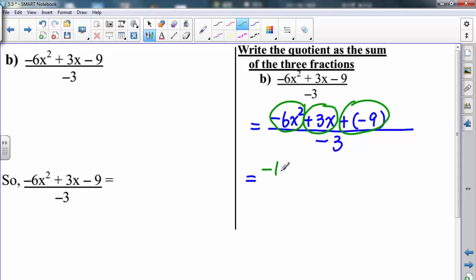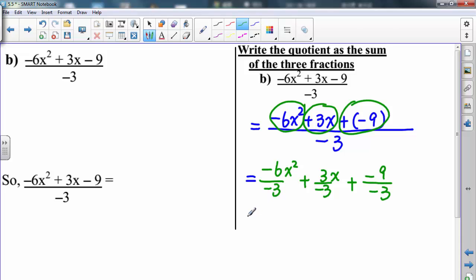So it's negative 6x squared divided by negative 3. Let's put x squared next to negative 6 as well. Then plus 3x divided by negative 3. Then plus negative 9 divided by negative 3.